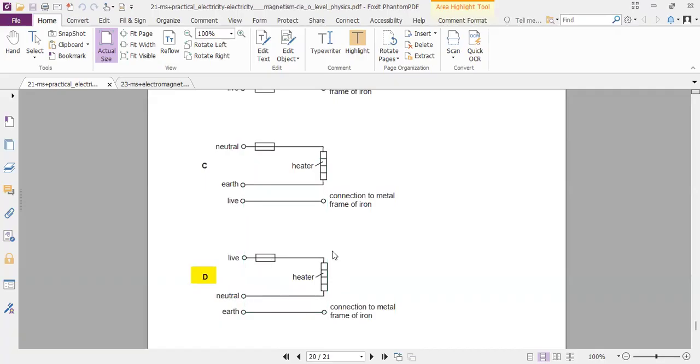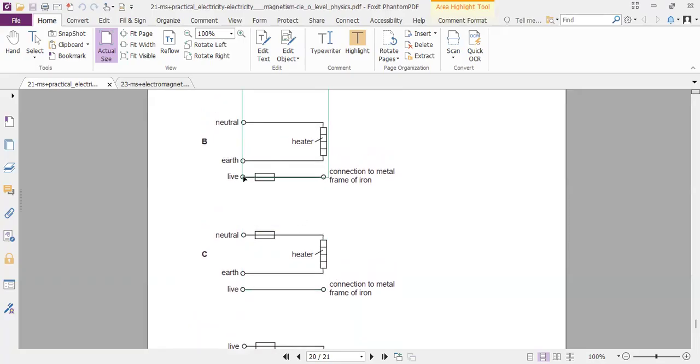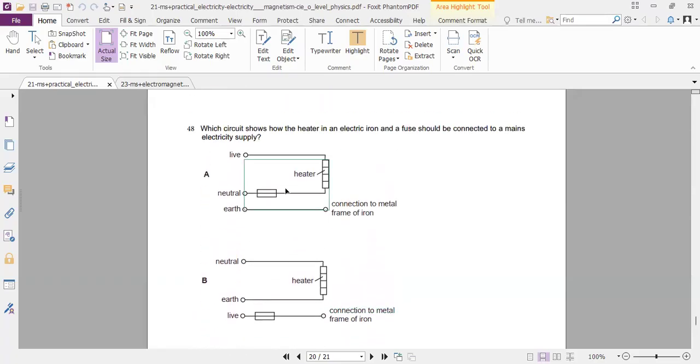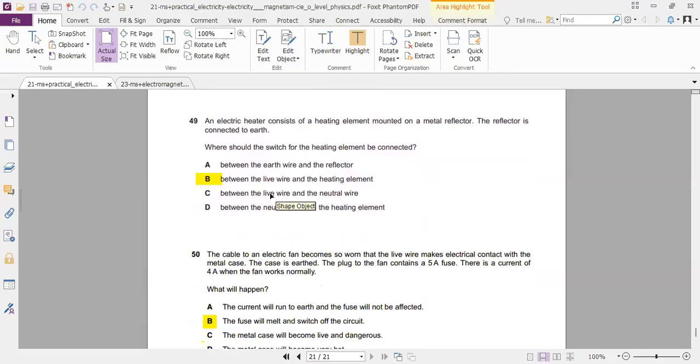What's wrong in the other ones? Neutral to fuse, wrong. Live to fuse, but connected to earth, wrong. And neutral to fuse, wrong. That's why D is the correct choice. So it should be connected between the live wire and the heating element.